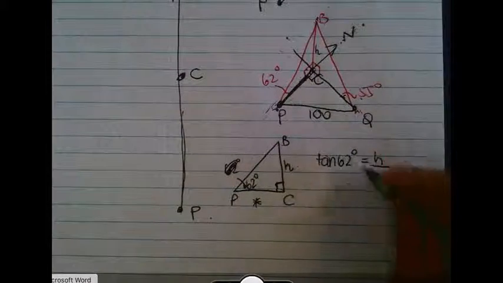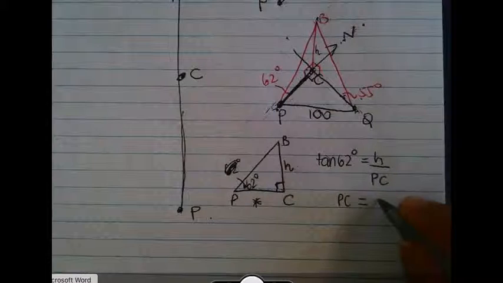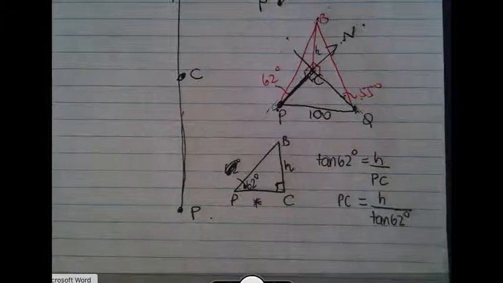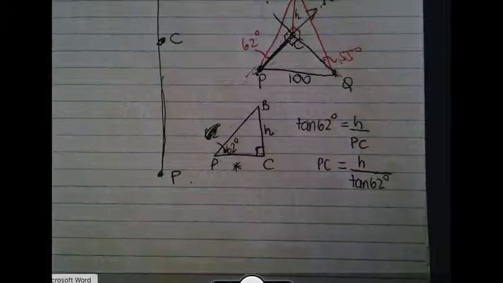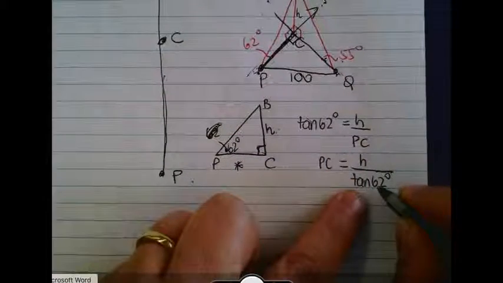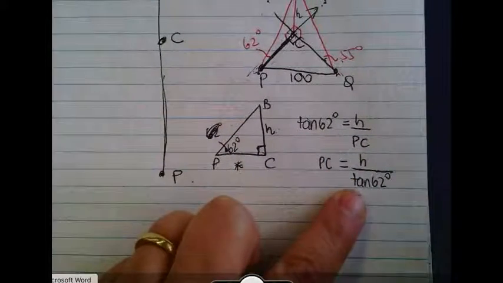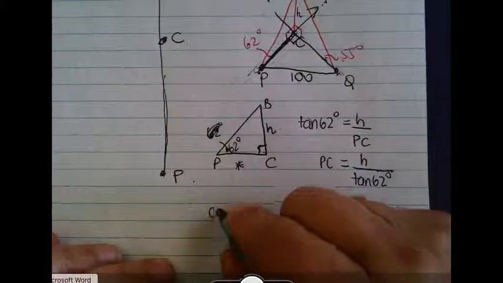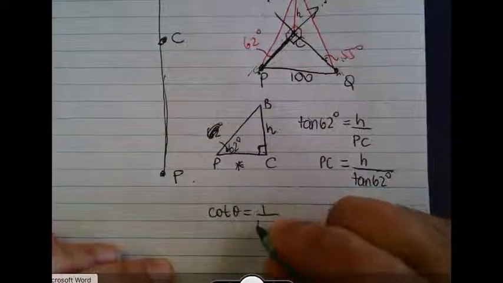So don't you just swap these? PC is H over tan 62. Now, do you know what cot is? What's cot's third letter? So 1 over tan 62 is cot. Because look, cot theta is 1 over tan theta.